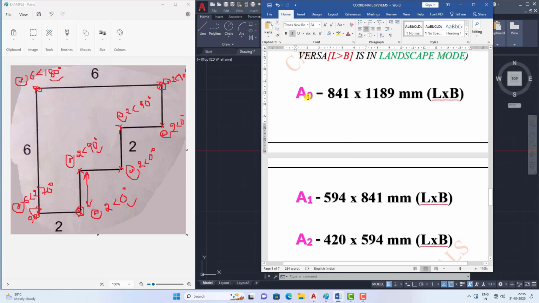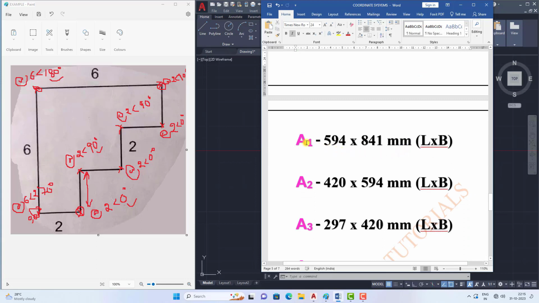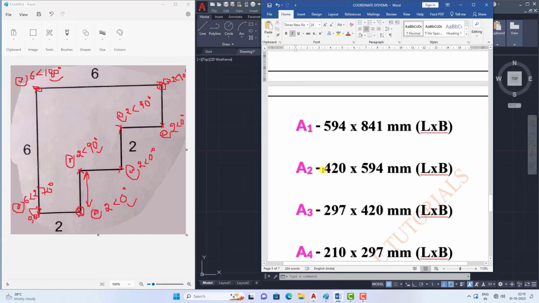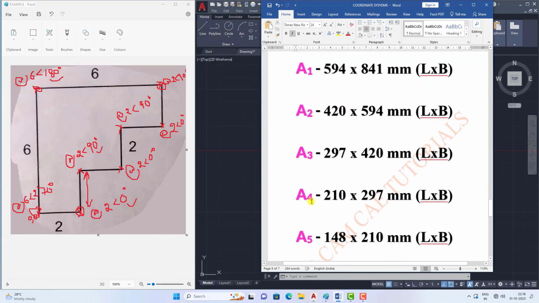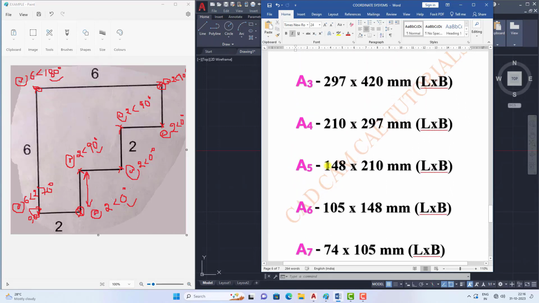As the suffix value increases, the paper size decreases. See, A0 size is 841 by 1189 millimeters, and if you go to A1, the paper size is 594 by 841 millimeters. So the size has decreased. And if you go to A5, A6, A7, see, we most frequently use A4 size papers. The dimension of this paper size is 210 by 297 millimeters, 210 for length and 297 for width.